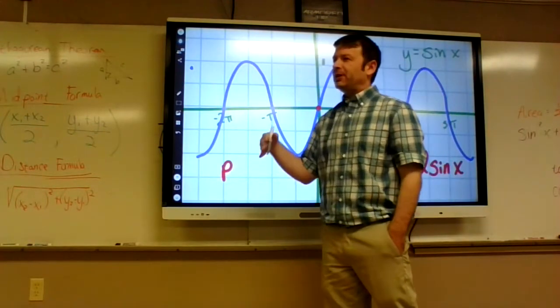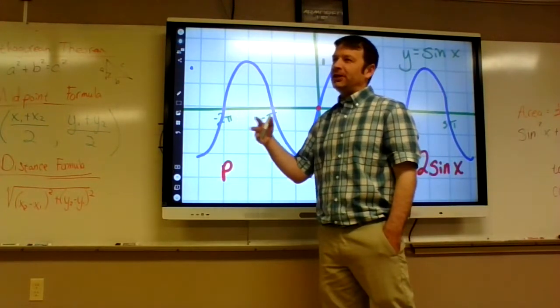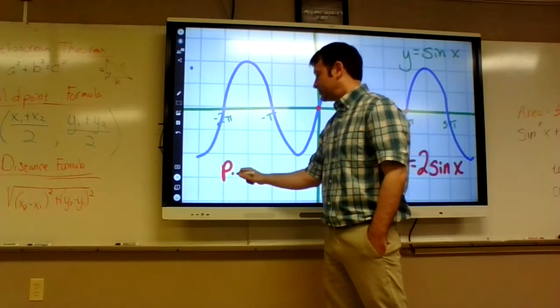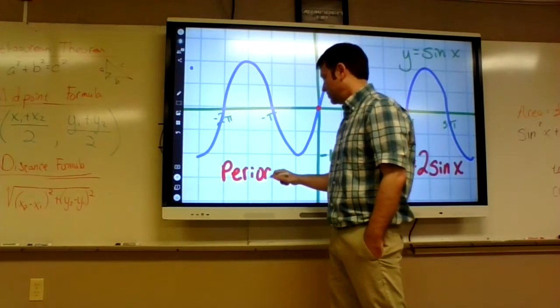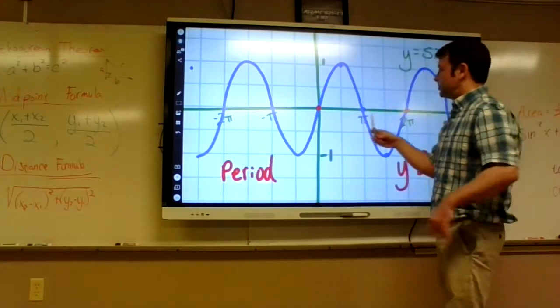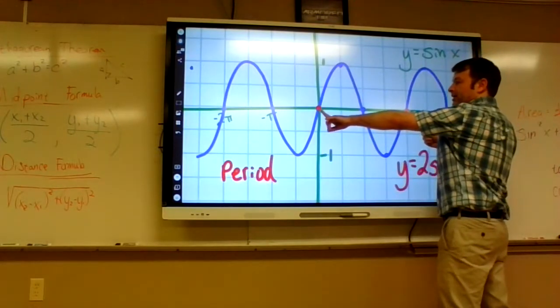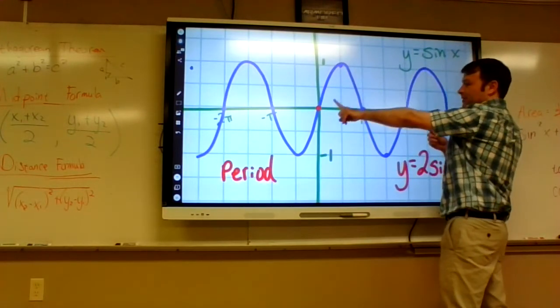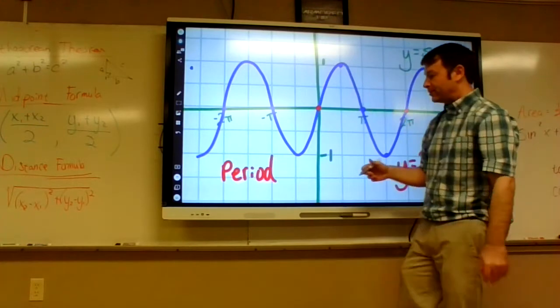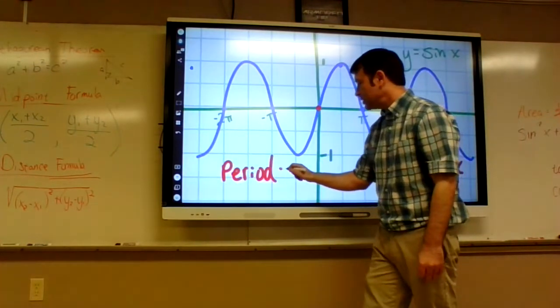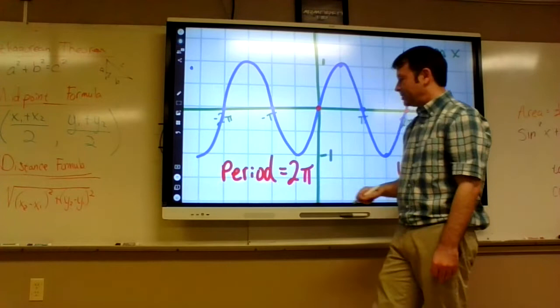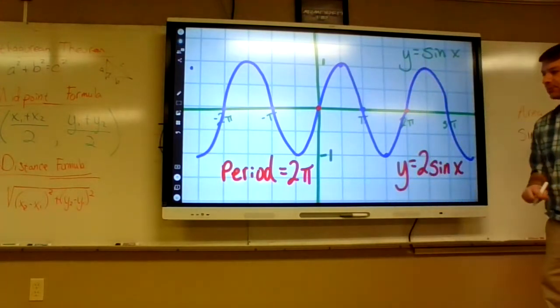Like a periodic table or it rains periodically. It just means like time kind of thing. The period on this graph is 2 pi. So a normal y equals sine of x starts repeating itself every 360 degrees. So for this graph, it starts repeating itself every 2 pi.